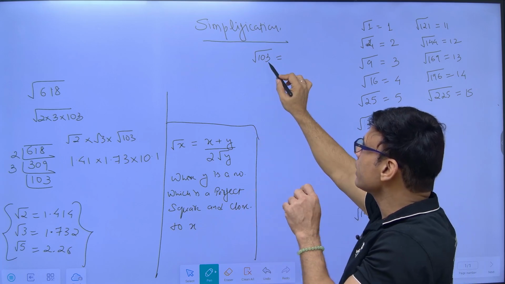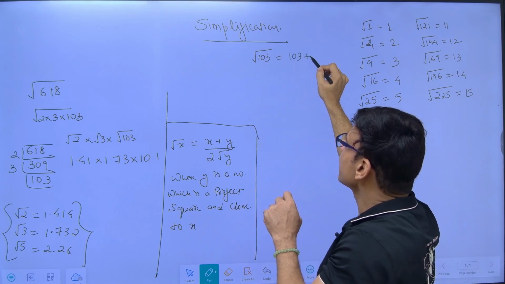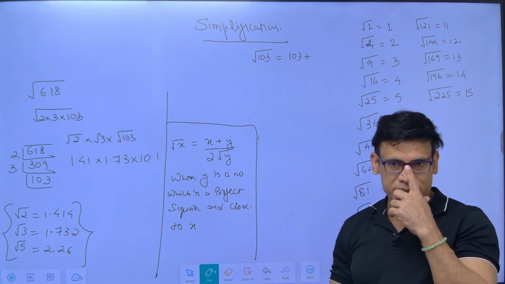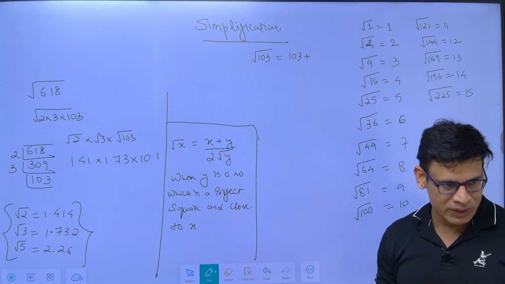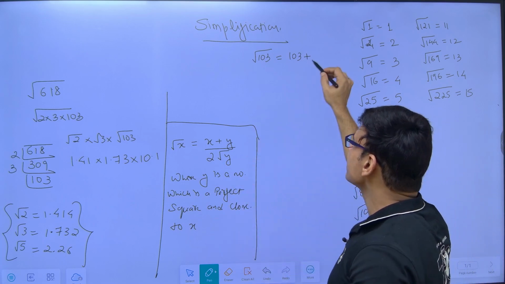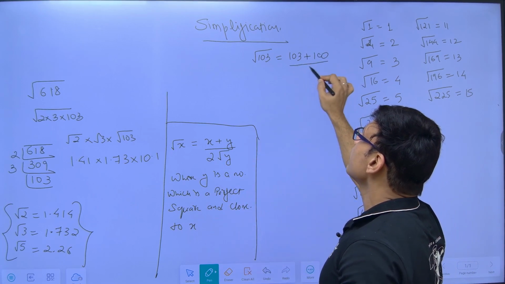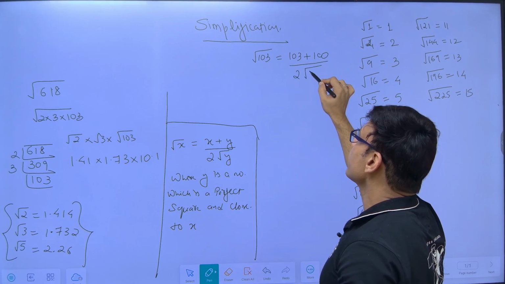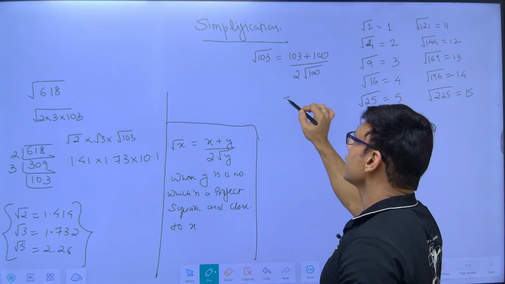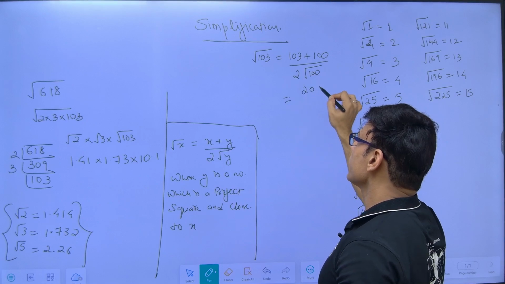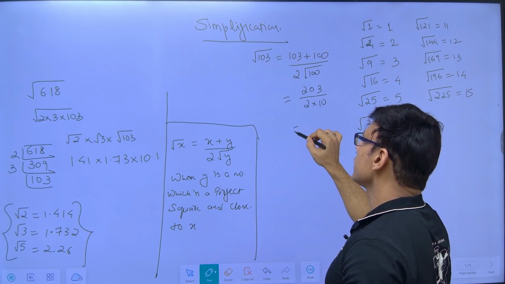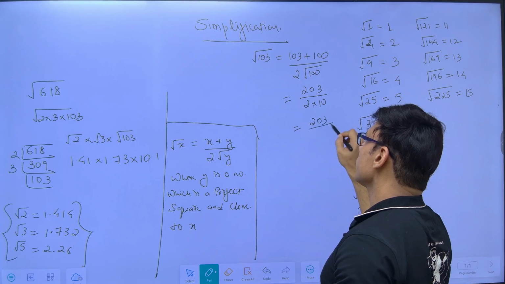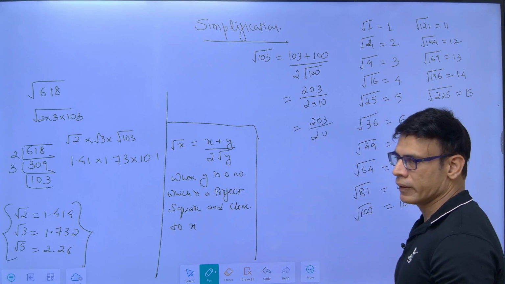So first you write 103 and then you have to write another number which is closer to 103 but at the same time should be a perfect square. 100. 2 times of under root of 100. Upper 203, 2 under root of, it is 203 by 20.